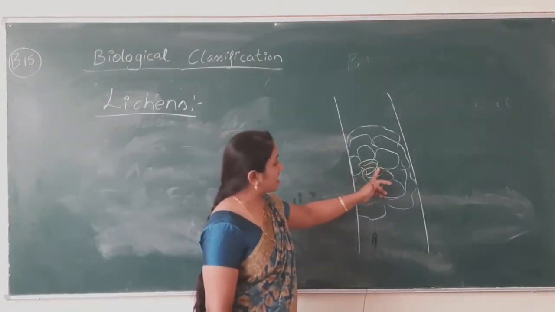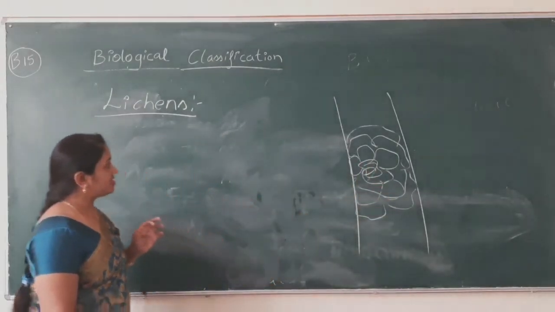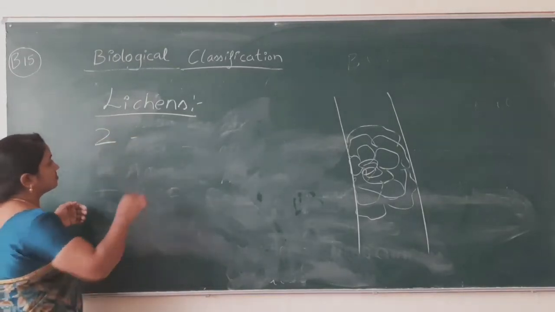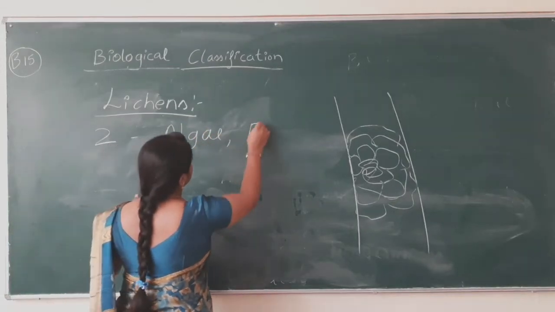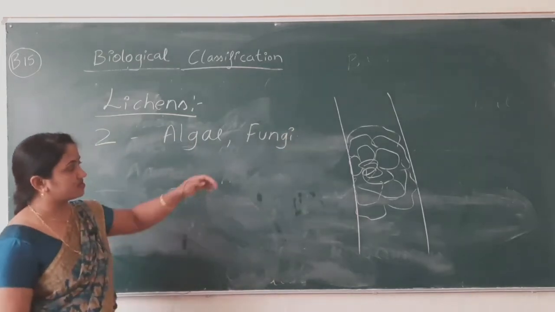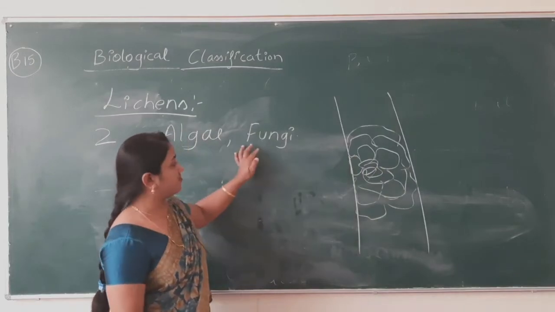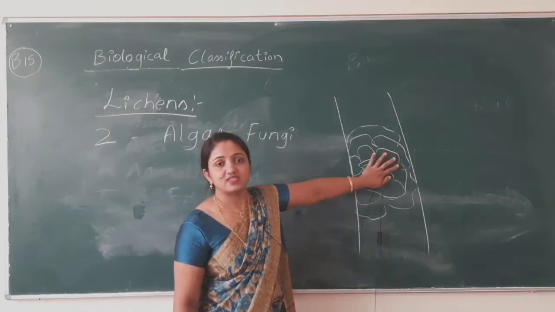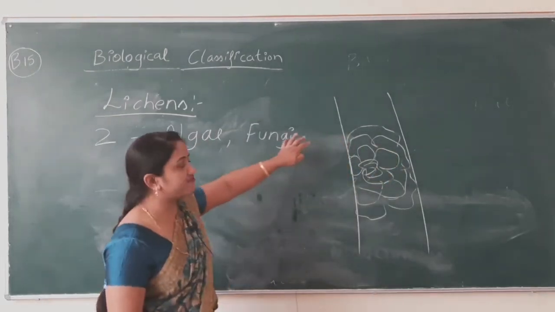Okay, so what actually is lichen? What is there in the lichen? Lichen consists of two organisms. One is algae and one more is fungi. Inside this lichen, two types of microorganism live. So how do they both live together?